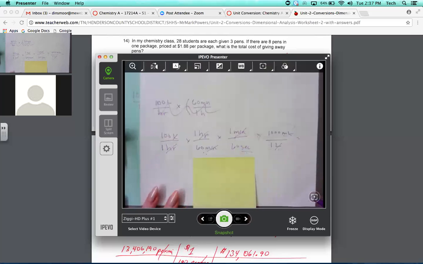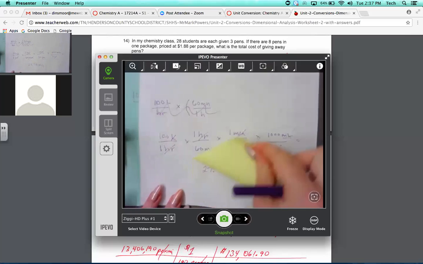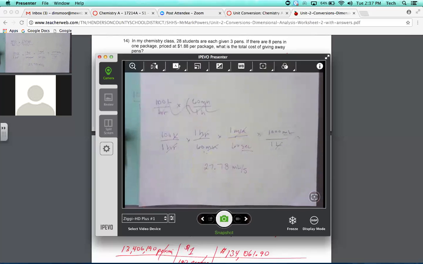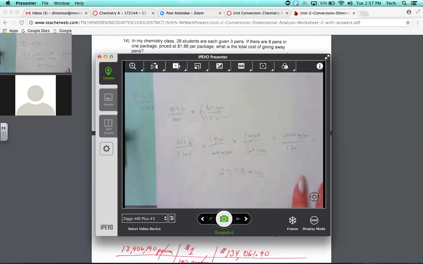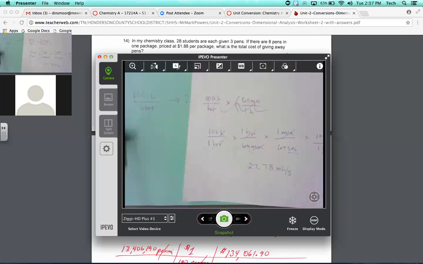And then when I take 100 and divide it by 60, divide it by 60 again, and then multiply by 1,000, I end up getting 27.78 milliliters per second, which kind of makes sense, right? Because milliliters are smaller than liters, we expect our answer to be smaller than 100, for sure.